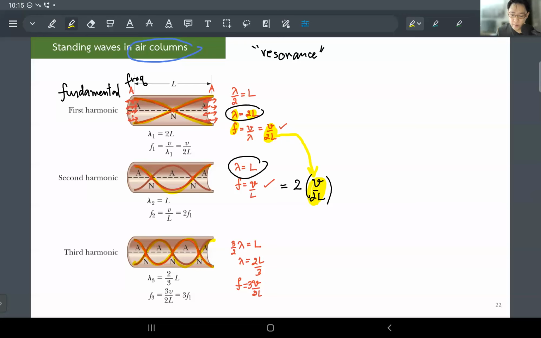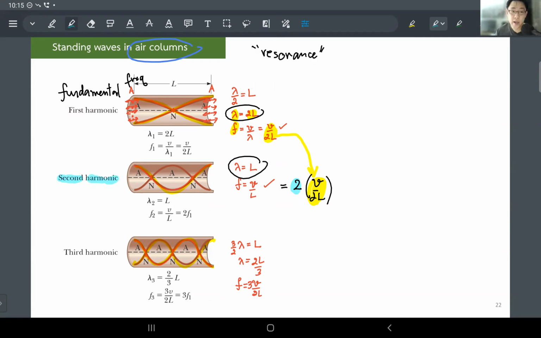The number 2 gives you the name of this mode of oscillation. It's the second, and because it's twice the fundamental frequency, we call it the second harmonic. Cool?